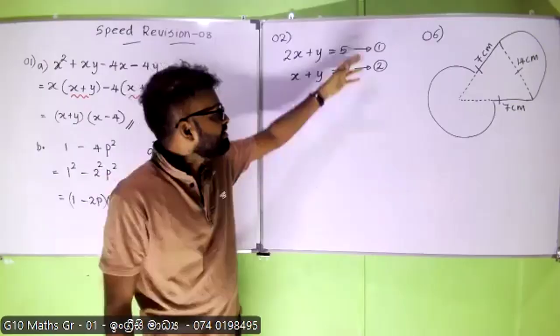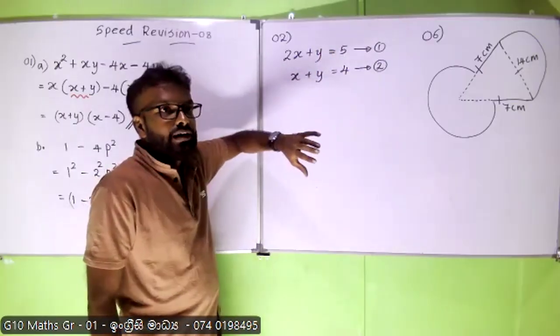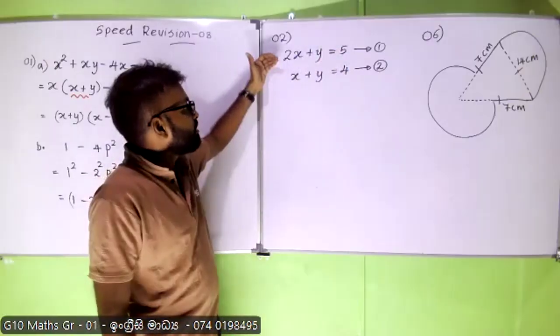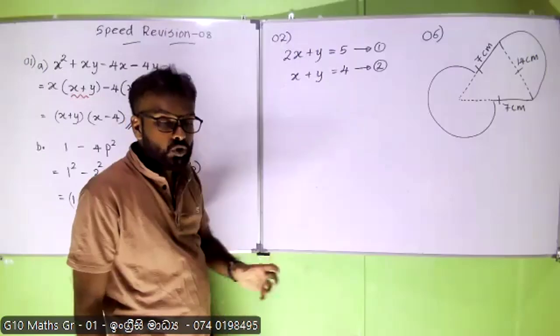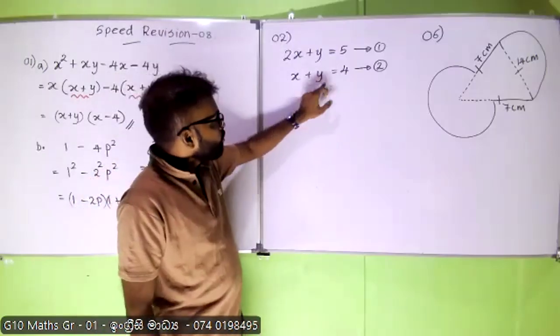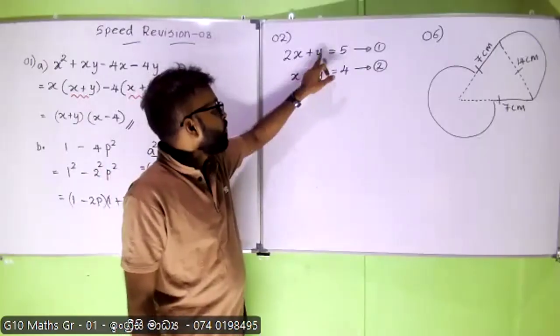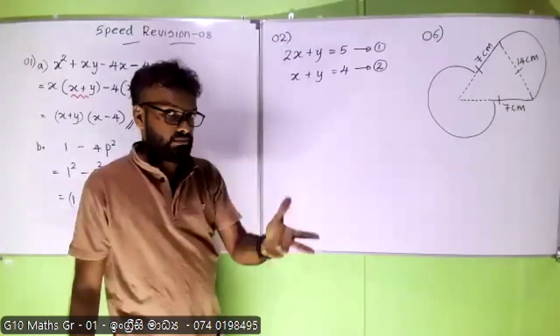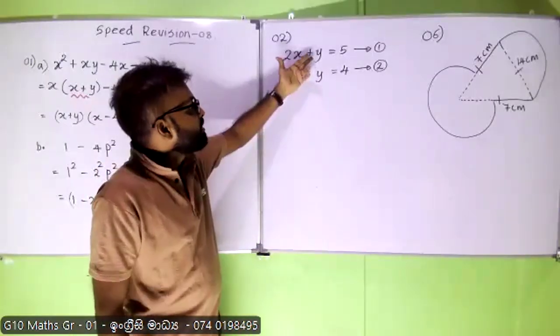By adding these equations, you cannot eliminate the x term. So then you are going to move to the y term. Here you have positive y, here you have positive y. And what about the coefficient of y?